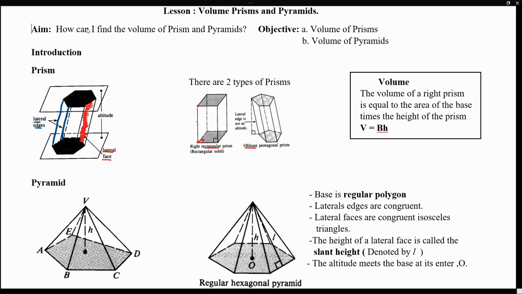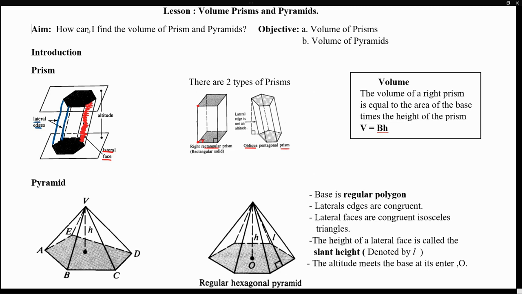Now, an oblique prism, which in this case we have an illustration of an oblique pentagon prism, but in general, an oblique prism is any prism that is tilted in some way. So notice that here we have a straight prism. We can call that a rectangular prism. But if your prism is tilted, we call that an oblique prism.